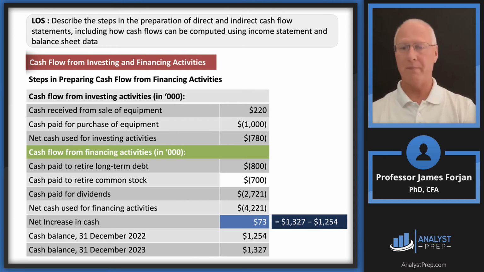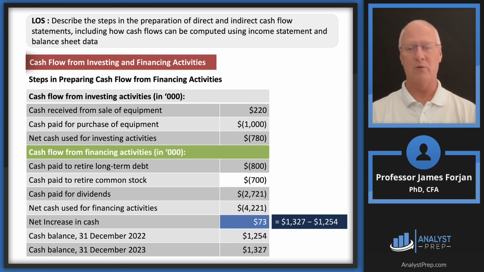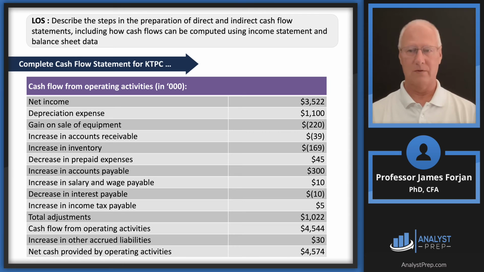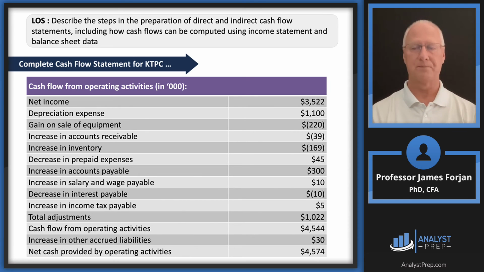That's a purple number. Go back to that first financial statement. You'll see that change in cash. That was purple. We couldn't make this 73 purple because then it would clash with the blue background. So there we go. Cash balance of 20 at the beginning of the year, you add the 73 and you get 1327.